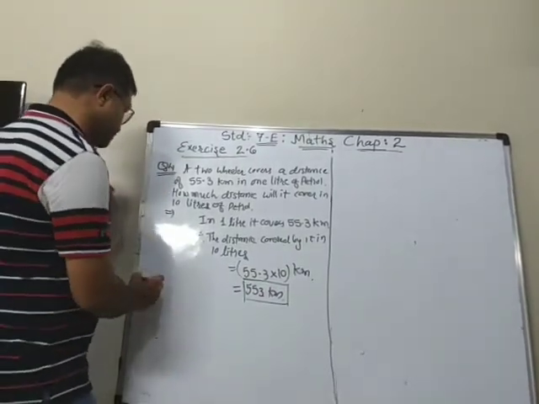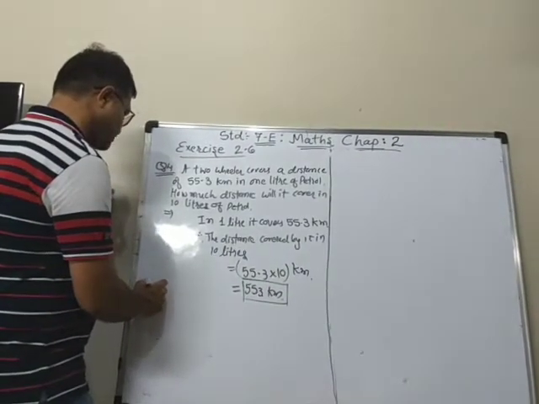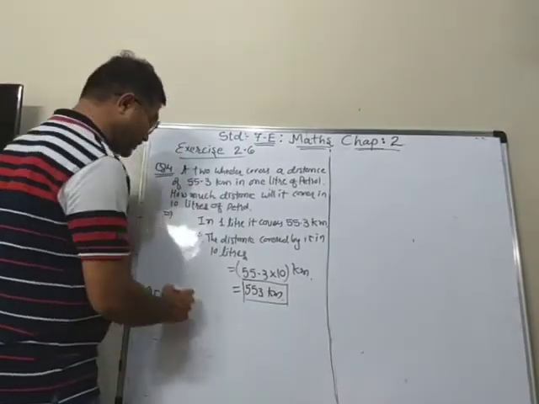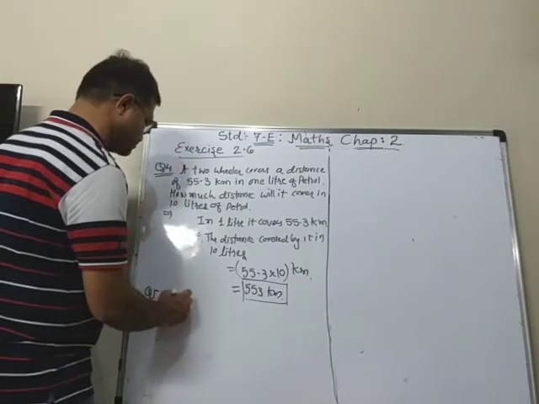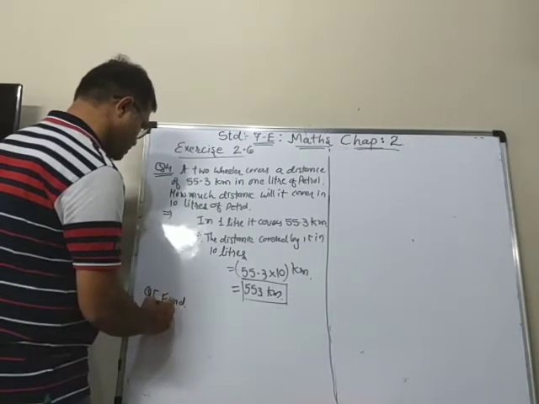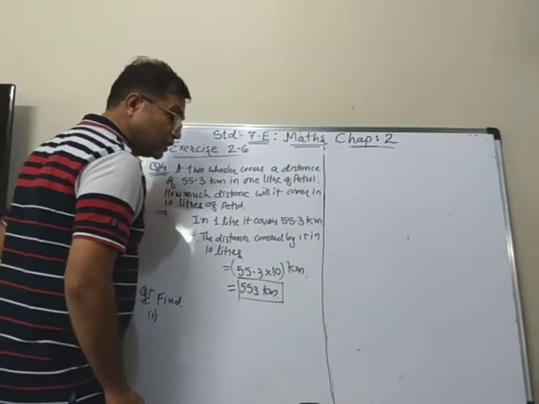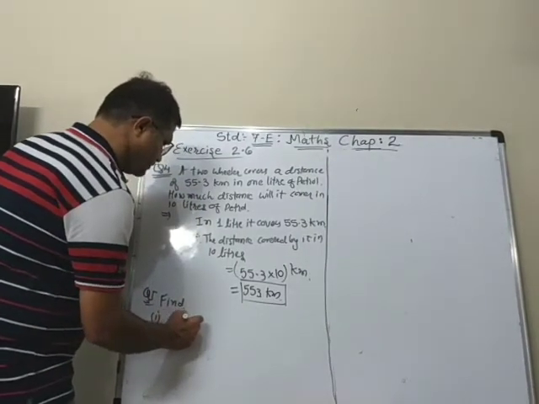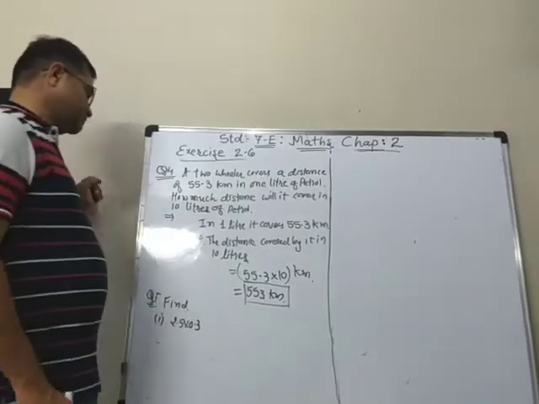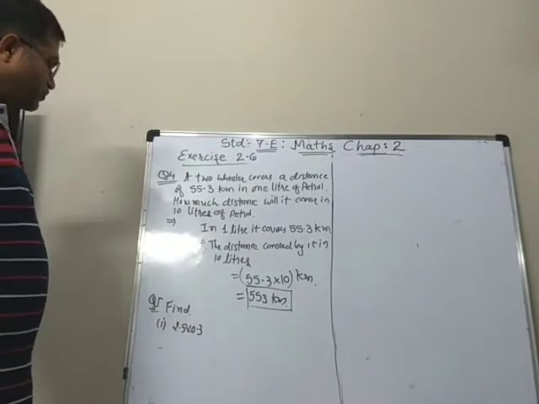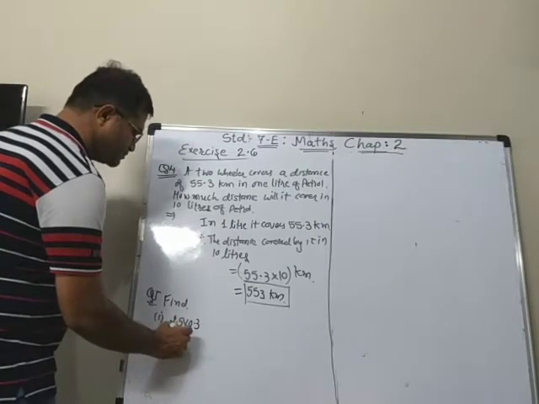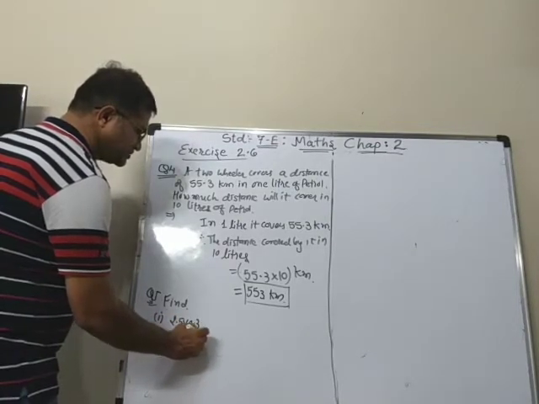So the answer is 553 kilometer. Now question number 5. In that we have to find the multiplications. The first one is 2.5 multiplied by 0.3. So now 25 multiplied by 3 is 75, we know that.